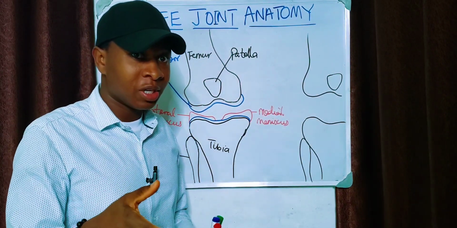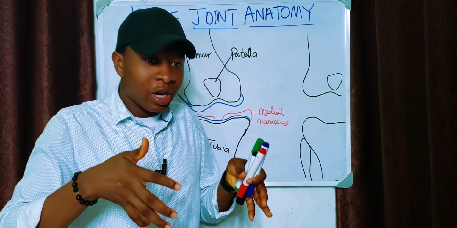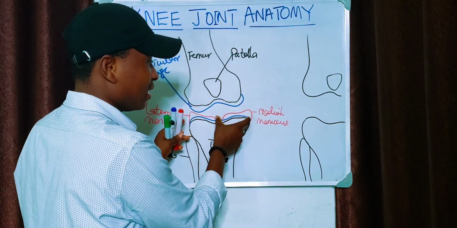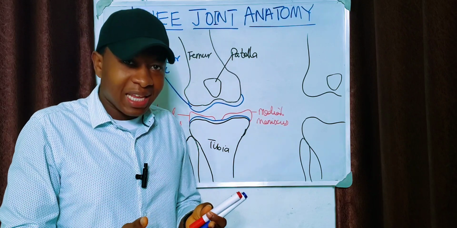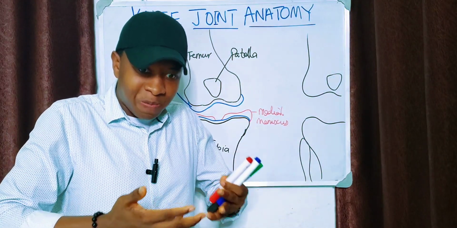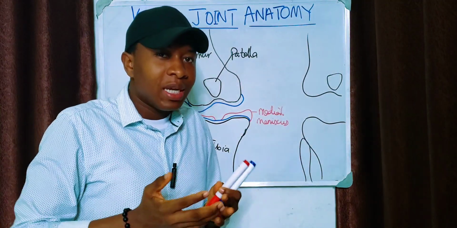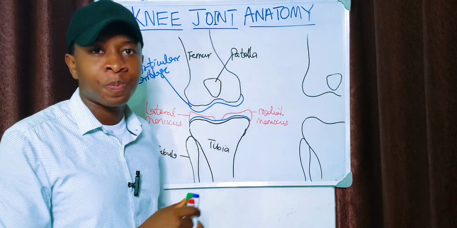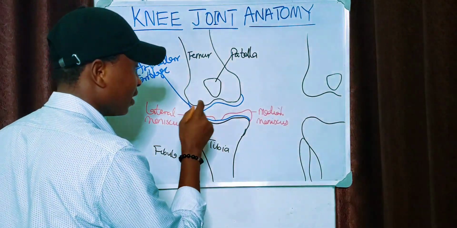When weight is placed on the tibia, the meniscus, which has a large surface area, expands as pressure is placed on it to make sure it balances the femur. So that's the function of the meniscus.